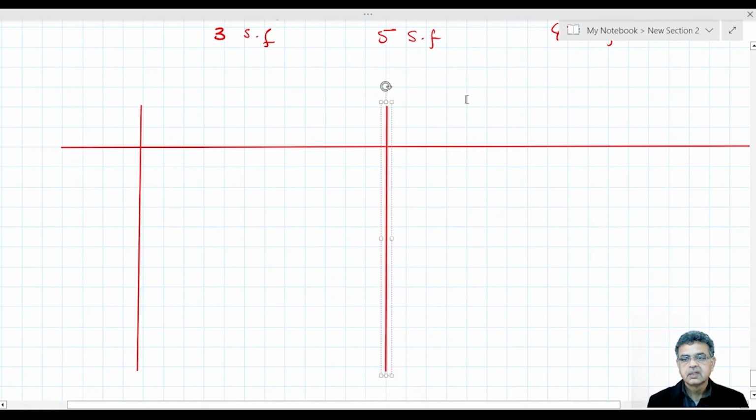So we can compare easily if I make this table.